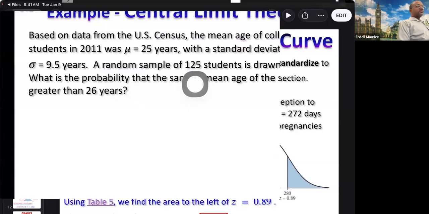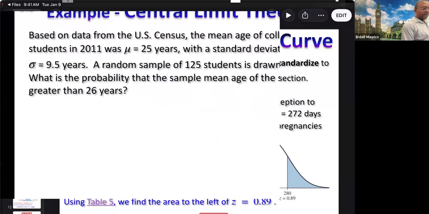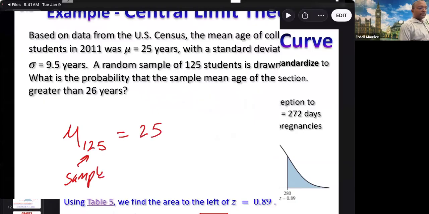If, on the other hand, instead of picking one student, I pick 125 students, then the mean for the sample of 125 students is still going to be 25 years old.